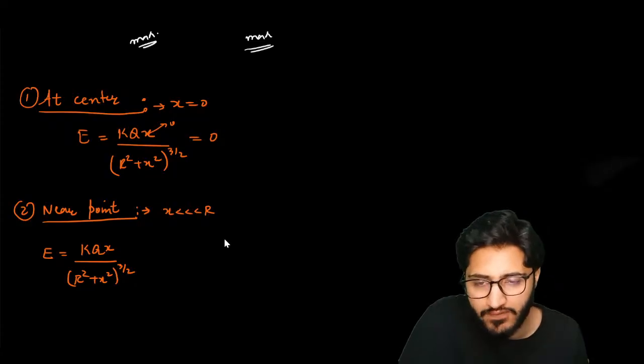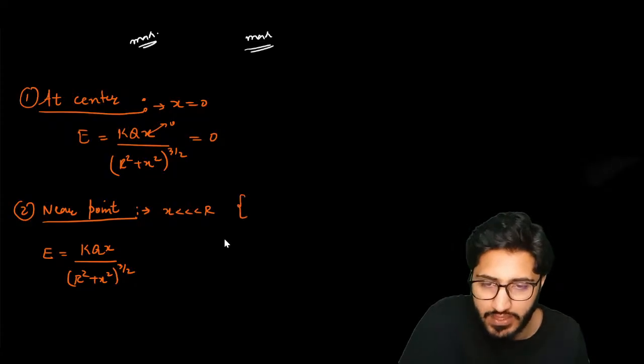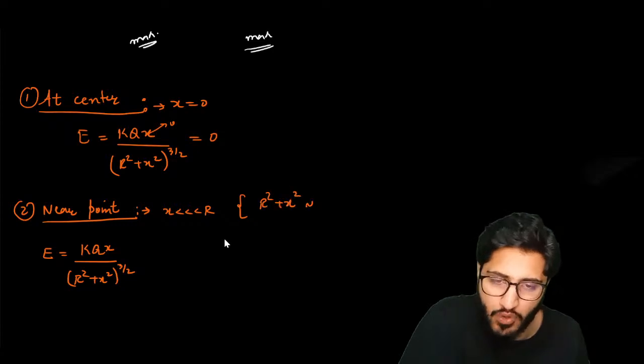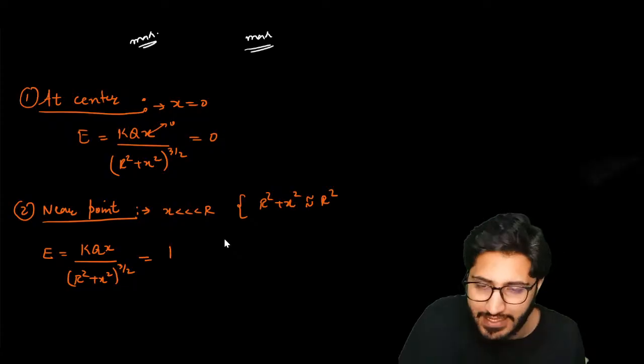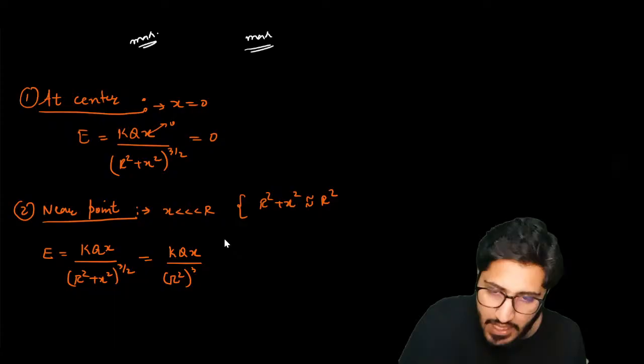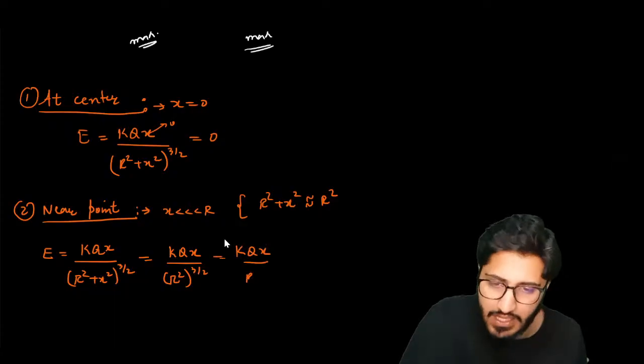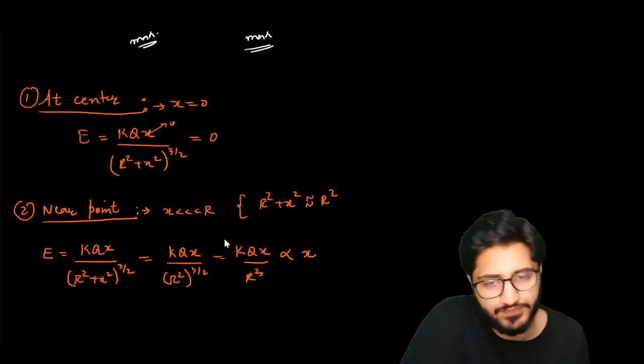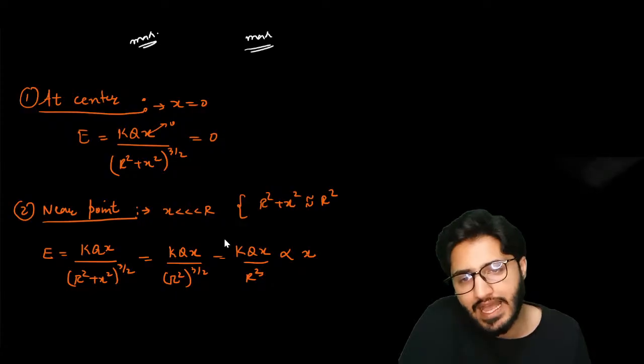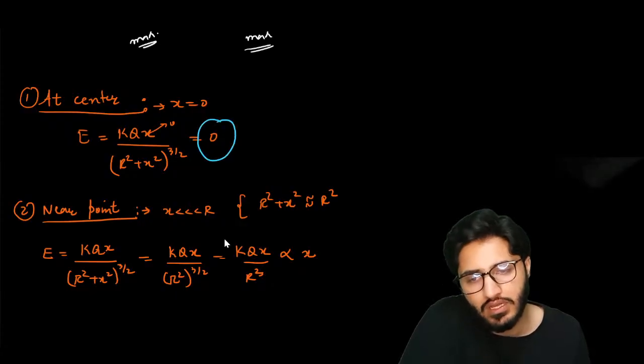So r square plus x square will be approximately equal to r square only. So I can write kqx whole divided by r cube, which is directly proportional to x. So at the center it is 0, and near the center it is directly proportional to x.